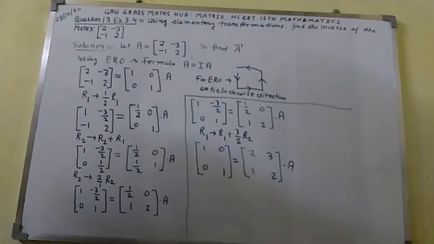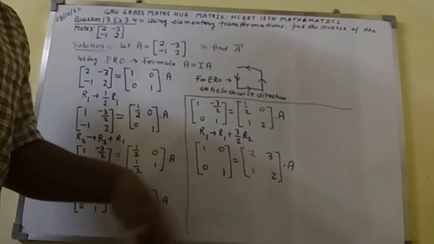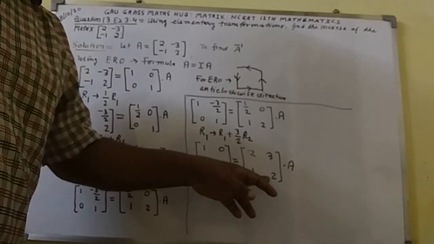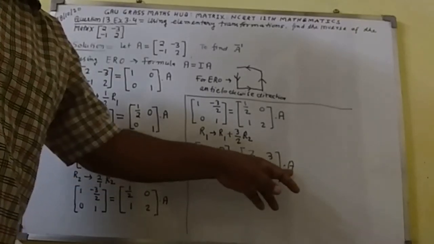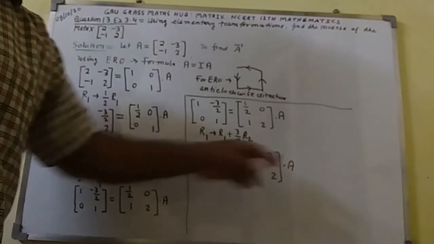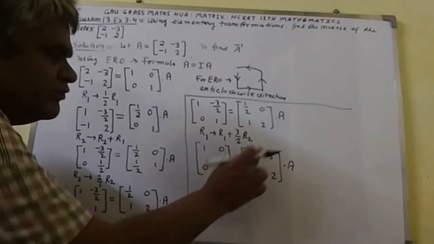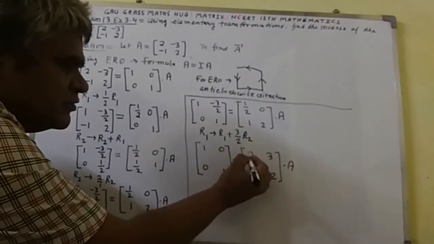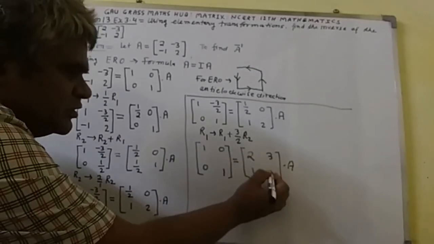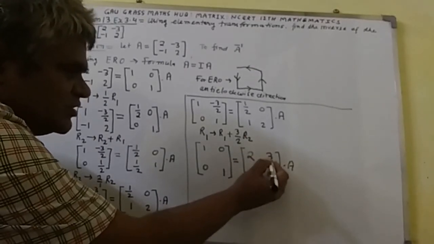This is the rough work which I am going to erase. So here you have got this identity matrix, this is the inverse of the matrix A, and this is the given matrix multiplied here. So here I shall write 2, 3, 1, 2.